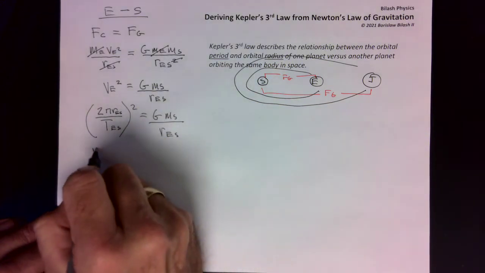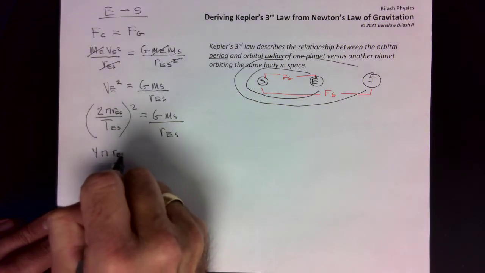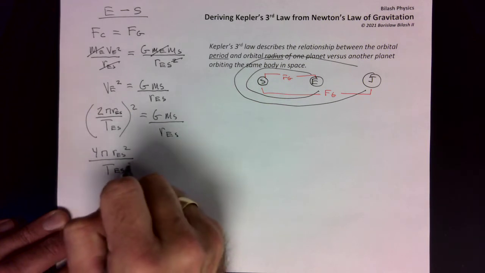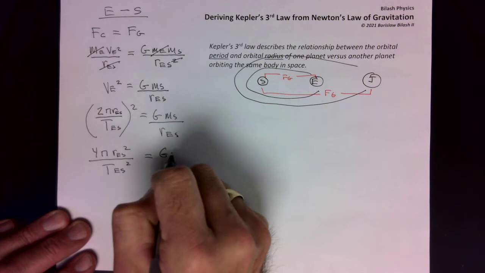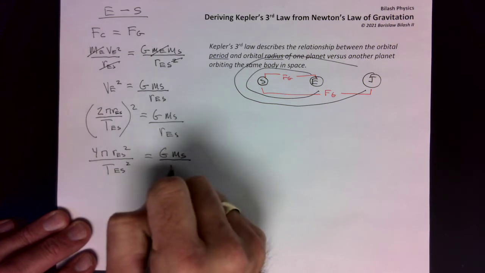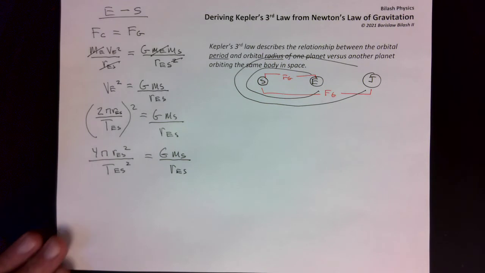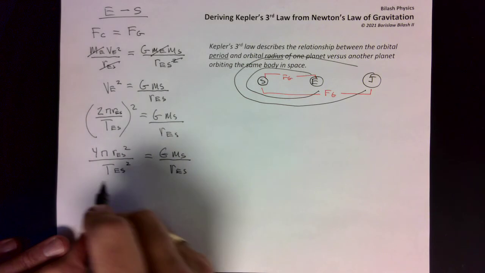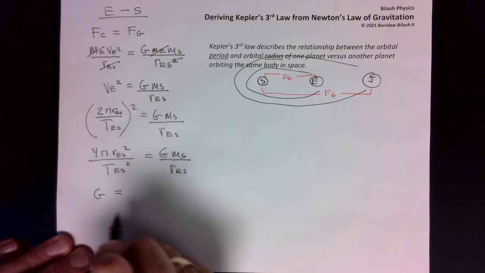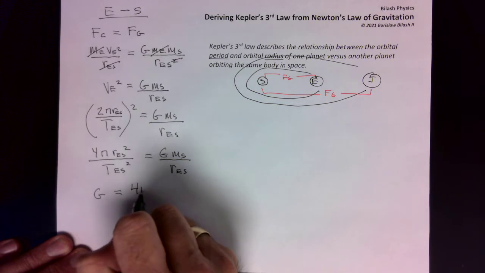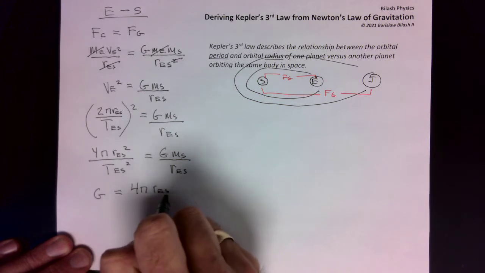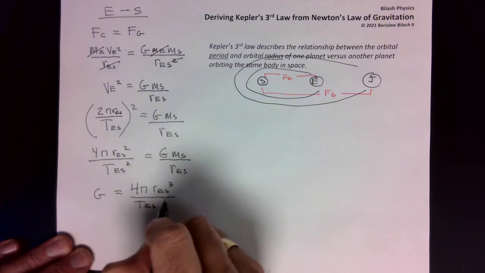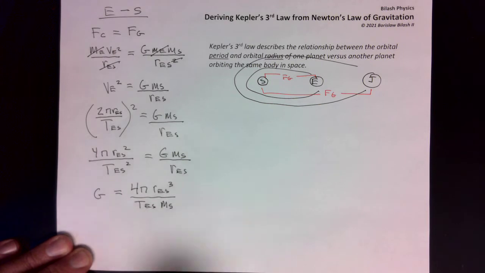Squaring the left side, we get 4 pi squared RES squared divided by TES squared, and that's equal to G MS over RES. Now I'm going to rearrange this in terms of G, and we'll have G is equal to 4 pi squared RES cubed divided by TES squared times the mass of the Sun.